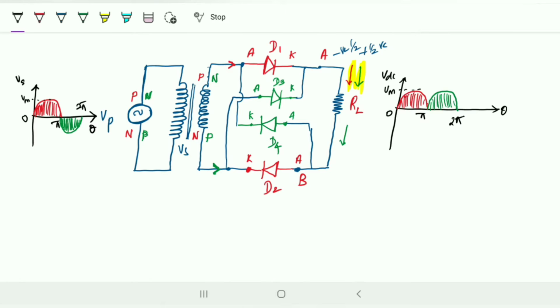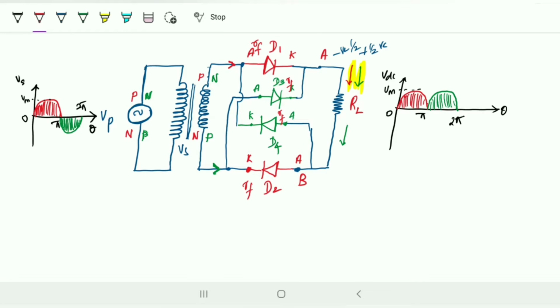So whatever assumptions we took in the efficiency calculation of the half wave rectifier are going to be the same. That means I consider RF, the forward resistance of the diodes.